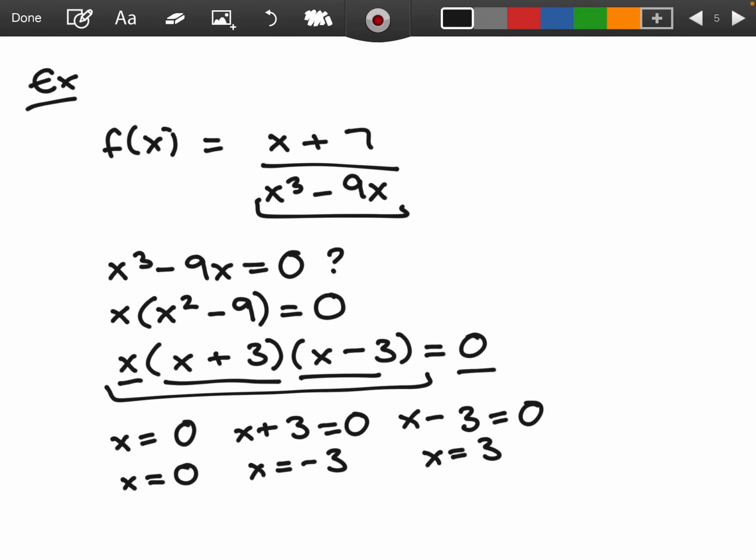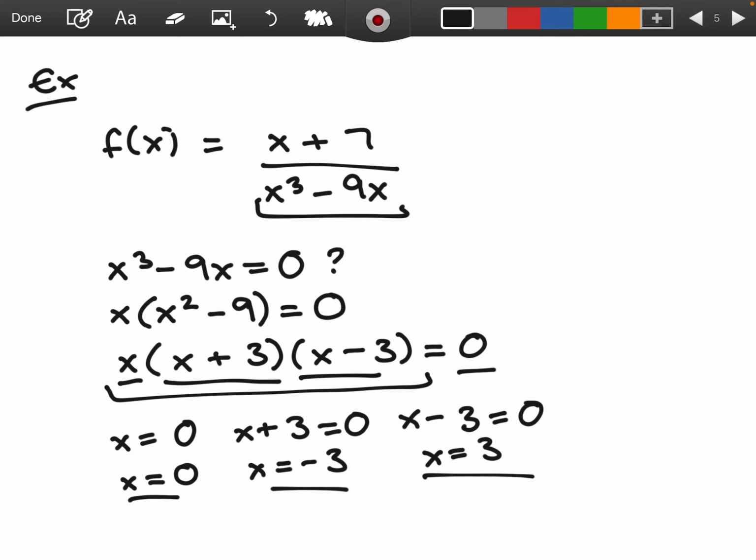So that's the case when x is equal to 0. Rearrange this and that gives me x is equal to negative 3, and rearrange this one and it gives me x is equal to positive 3. So there's 3 different values, and you can go ahead and plug these back into x cubed minus 9x, and you should find that that equals 0 whenever you use any one of these 3 x values.